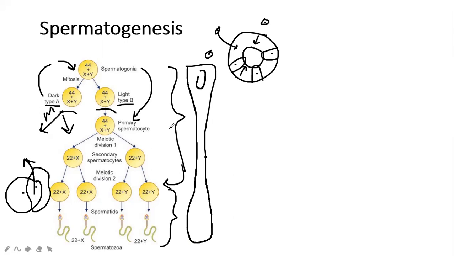And then we also talked about how these cells have a function in forming the blood testis barrier. Some other functions of the satellite cells are the formation of what we call the androgen binding protein.